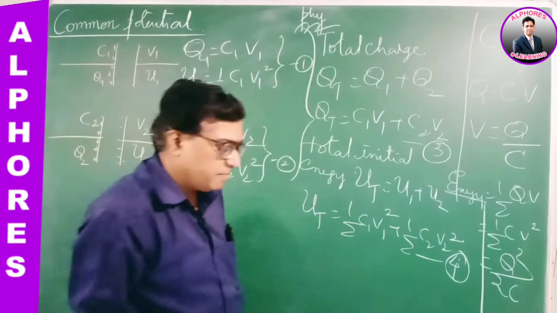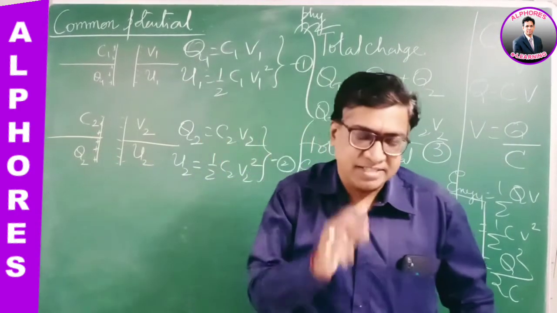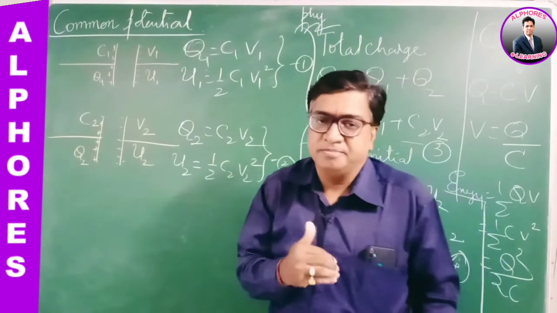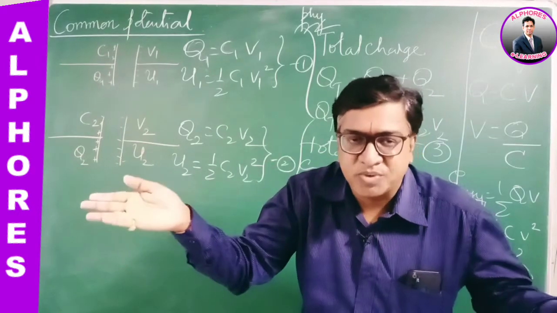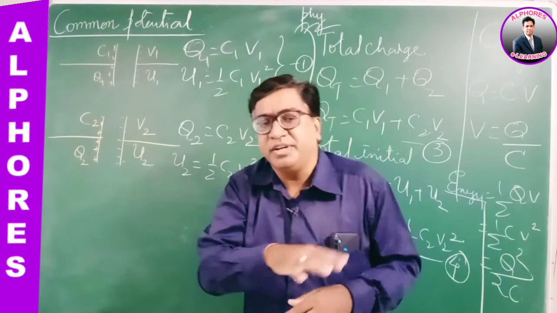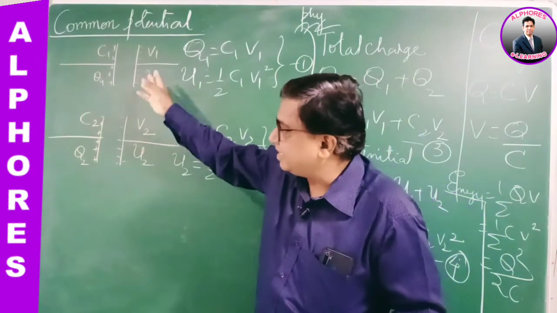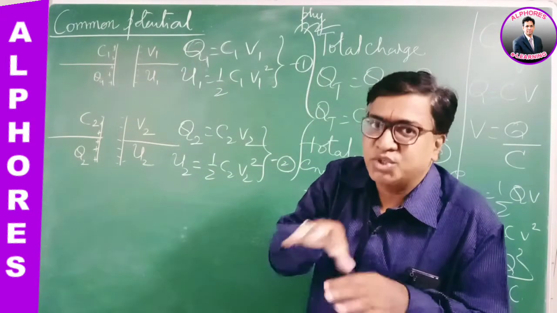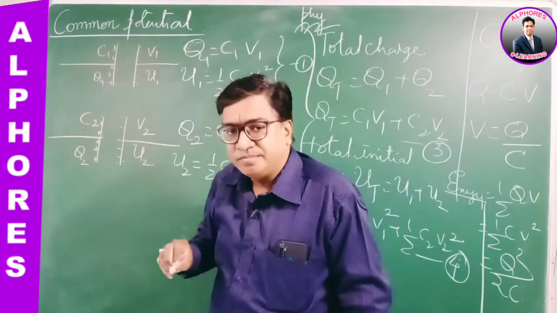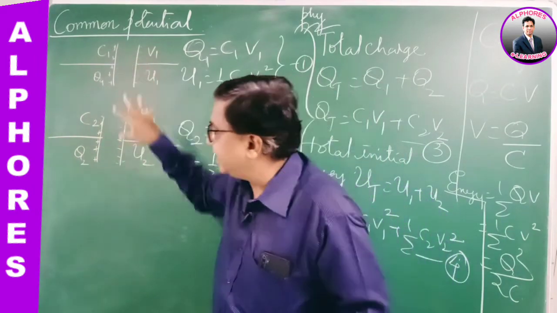Right? So this way, consider two capacitors, C1, C2. Let them be charged separately, individually with separate sources to respective potentials V1, V2. Let the charge stored in them be Q1 and Q2, and the energy stored be U1 and U2.